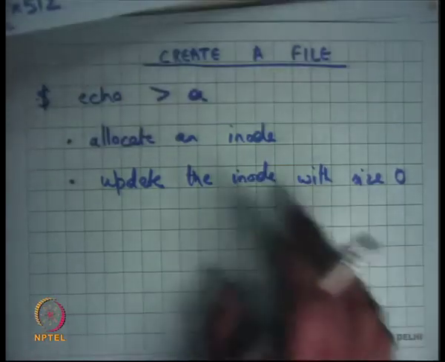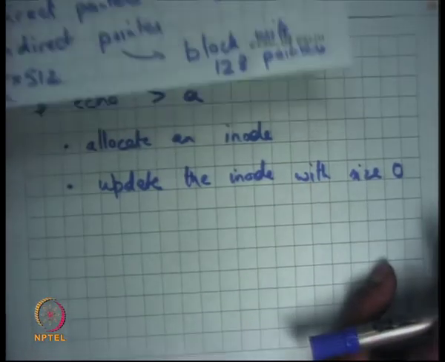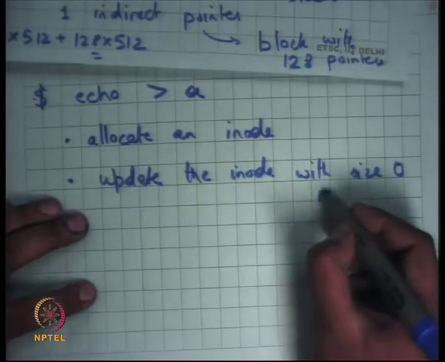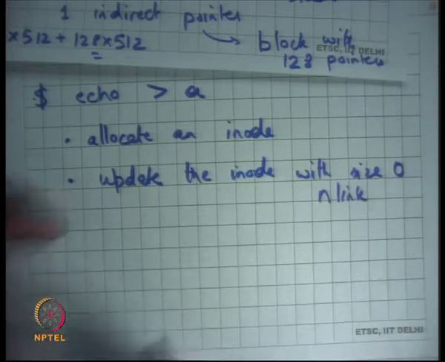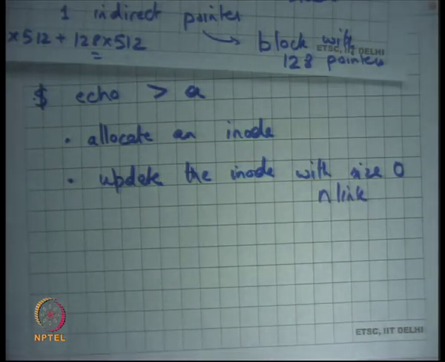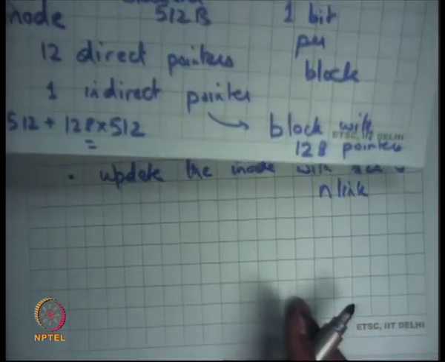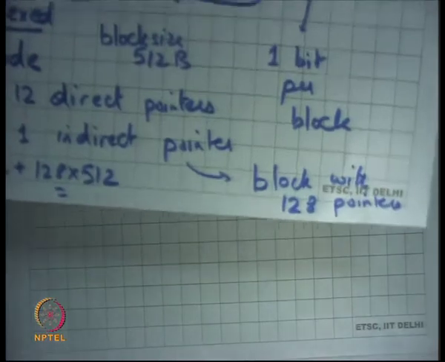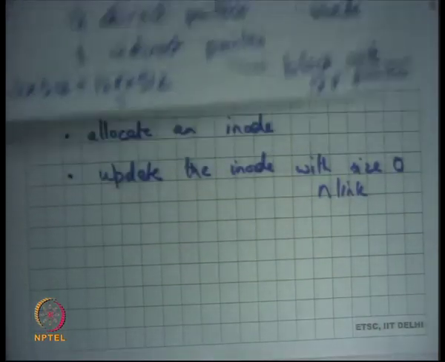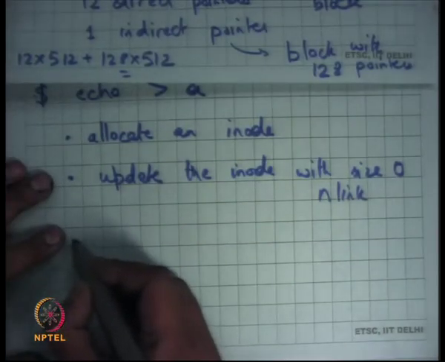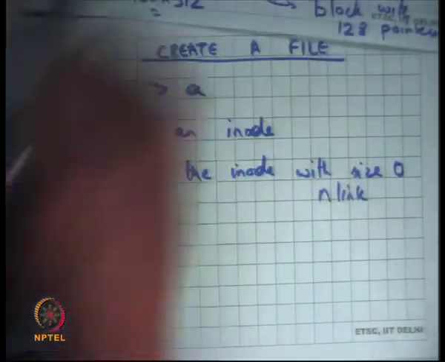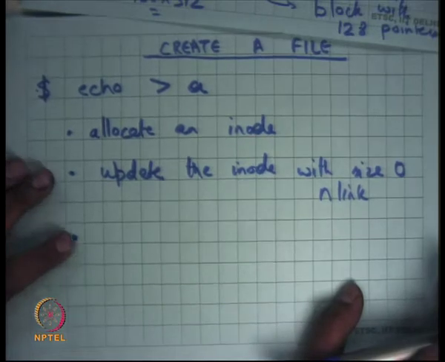So you have allocated an inode and you will update the inode with size equal to 0, and you may want to update other things like n-link, etc. For example, now there is a directory that is pointing to me, so you want to increment the n-link of this particular file. And you may also want to zero out all the direct and indirect pointers. So that's another disk access. You could have potentially combined the first two disk accesses if you are being smart about it.